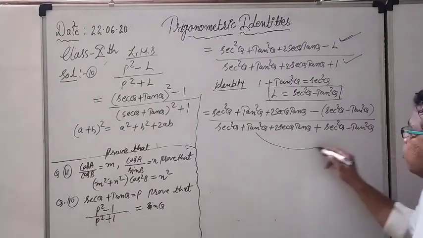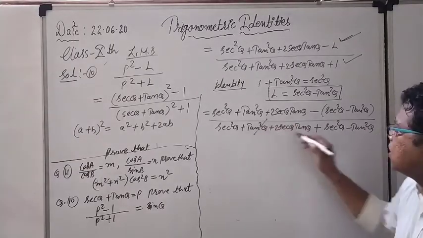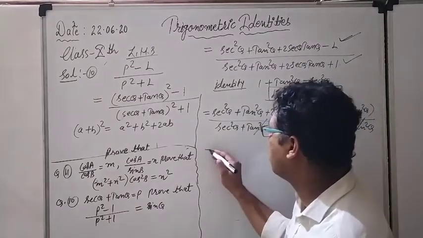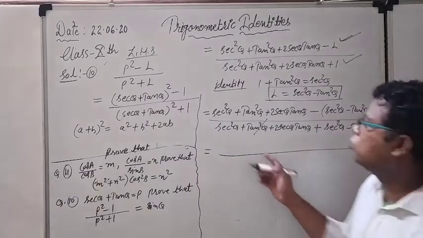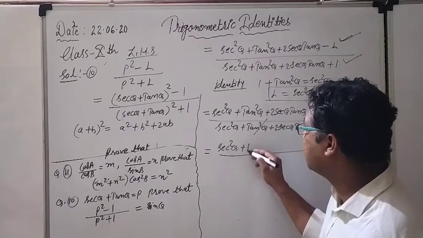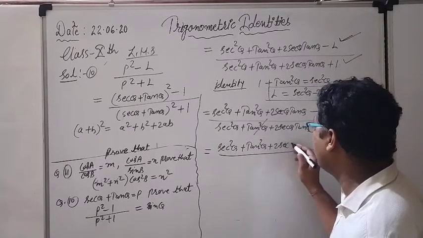So this plus tan square theta and this minus tan square theta are going to be cancelled from here. I think it is okay. And after that, again I am writing the same thing, sec square theta plus tan square theta, plus 2 sec theta tan theta.